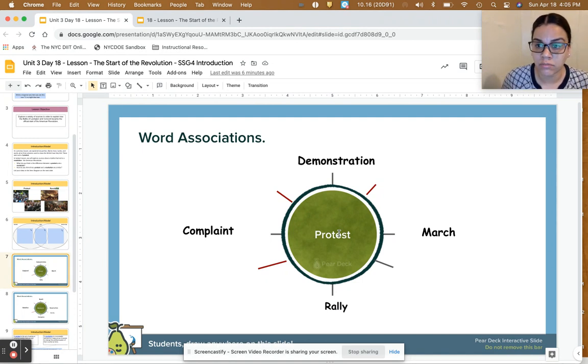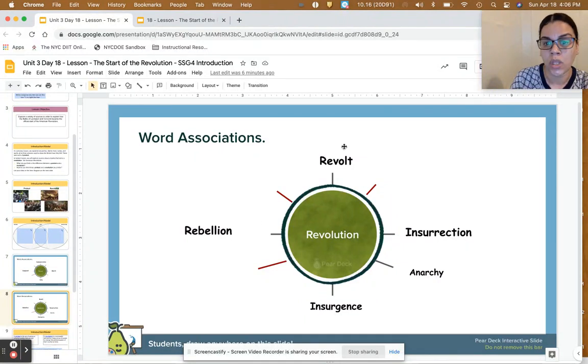If sketching is something that helps students participate, they might want to sketch something very quickly on here. And then the same thing with revolution, right? So these words are associated with revolution: revolt, insurrection, anarchy, insurgents, rebellion.